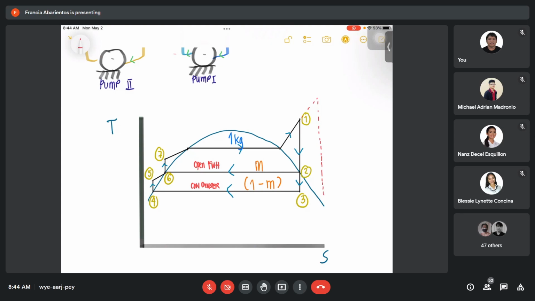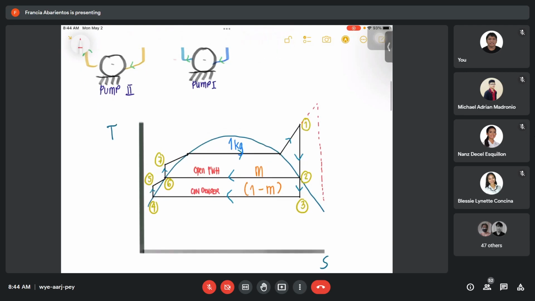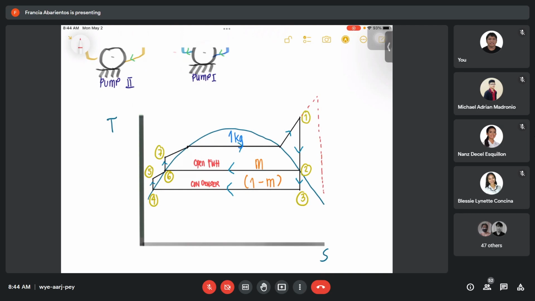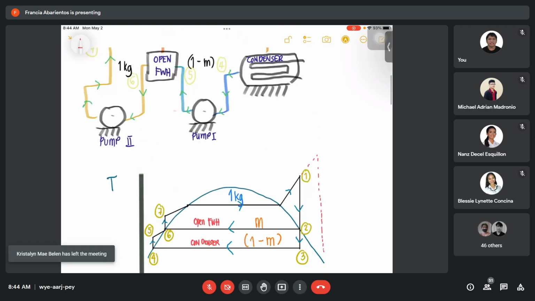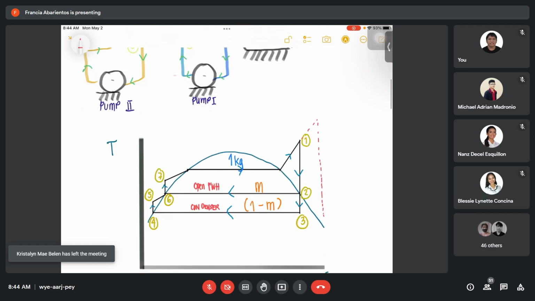Depending upon the given state points or the given mixture or the given parameters in the problem. Okay, that's possible, class. The steam can be superheated from 2 to 3. If that is 2, they go like this.